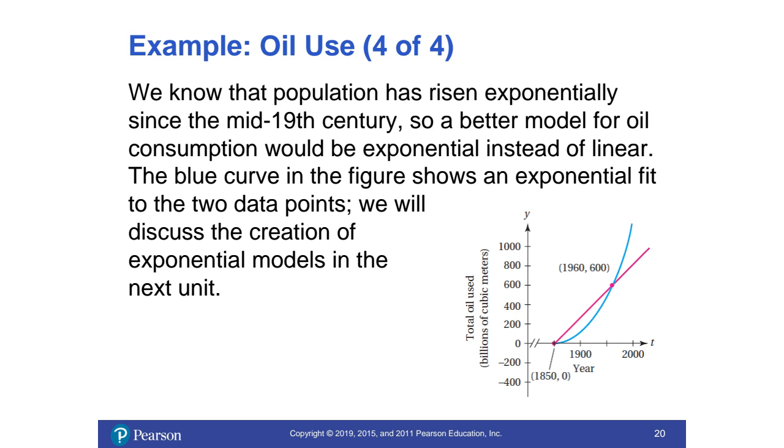So as a population, we're not using oil at a linear rate. We're using oil at an exponential rate. And the next section, section 8C, is when we talk about how to do an exponential fit between 2 points. And that's all for this one.